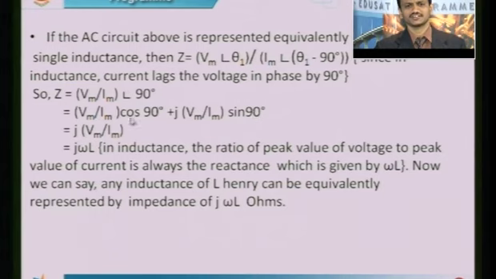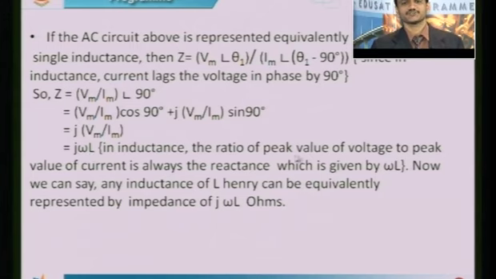So cos 90 is 0, and sin 90 is 1, so we get j Vm by Im. What you should know in the case of an inductance is that the ratio of the peak value of the voltage to the peak value of the current is always equal to the reactance of the inductance, which is omega L. So the impedance of the inductance can be regarded as j omega L. That is what has been given here.